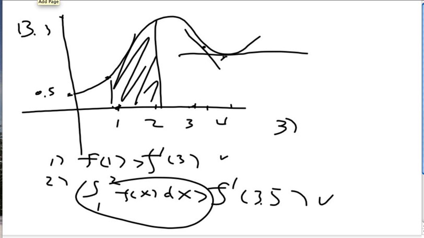Third. The derivative at 2, the instantaneous slope. I mean, anyway, it's just the slope at 2. The limit as h goes to 0 of f(2 plus h) minus f(2) over h.